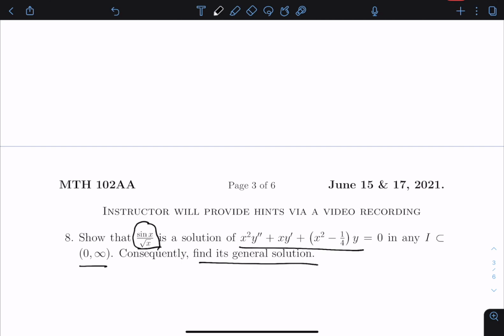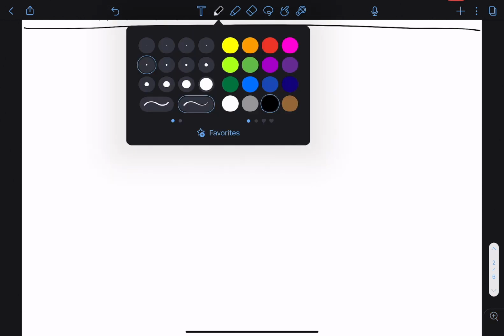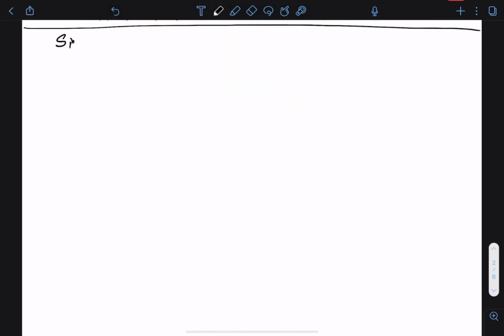First of all, we need to show that the given function is a solution to the ODE. So sine x over root x is a solution to the ODE. To do that, let's start from here. Sine x over root x is given to you.